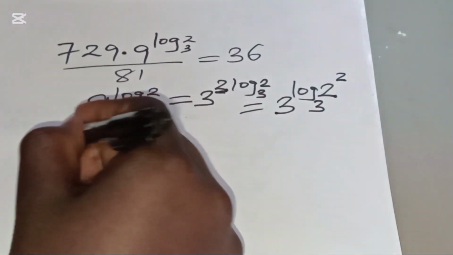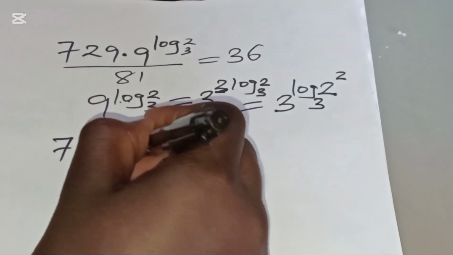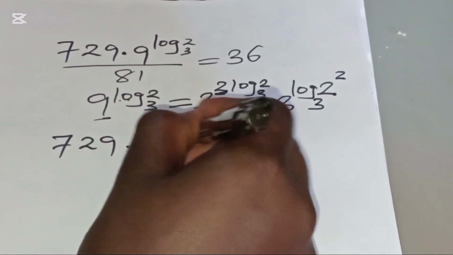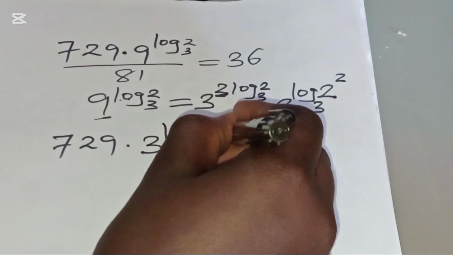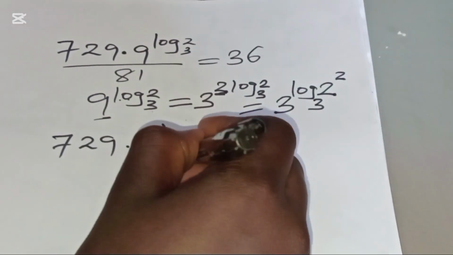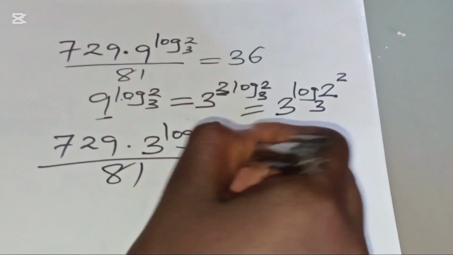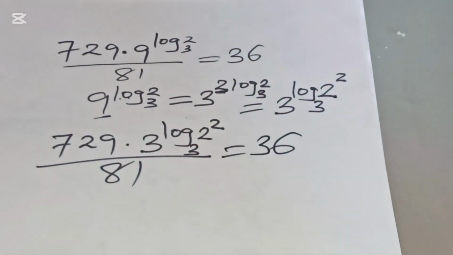So now we have 729 multiplied by 3 to power log 2 squared to base 3 divided by 81. This is supposed to give us a value of 36.